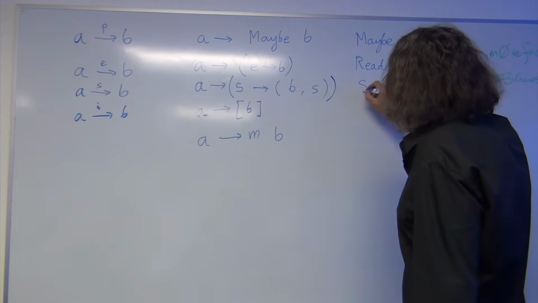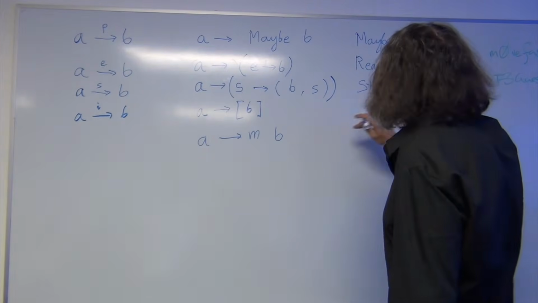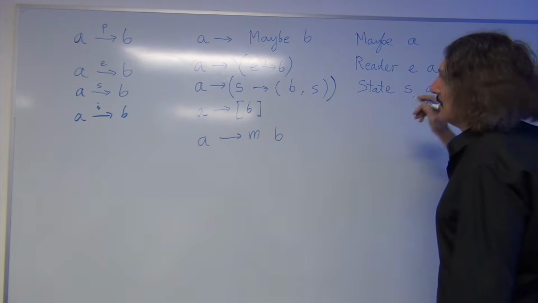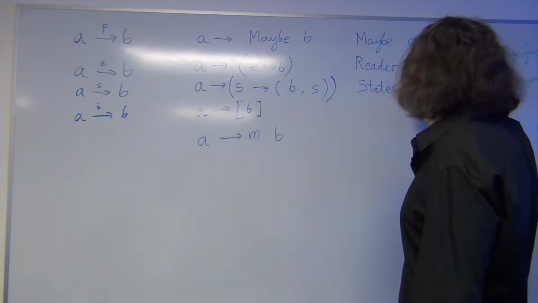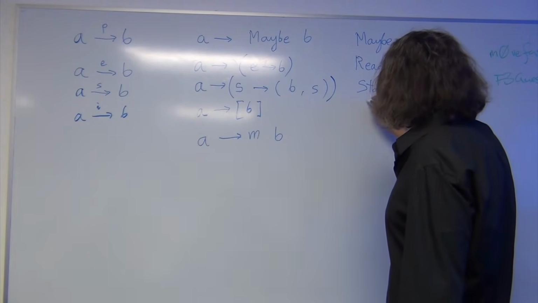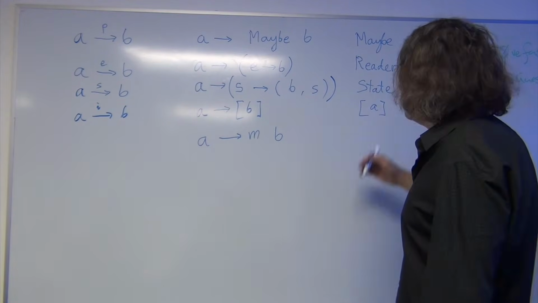So we have Maybe a, Reader e a. This we will call State. Okay, so this type constructor will be called State and depends on the type of state and this free parameter that we're renaming to a. Okay, this obviously is a list of a as a type, right?